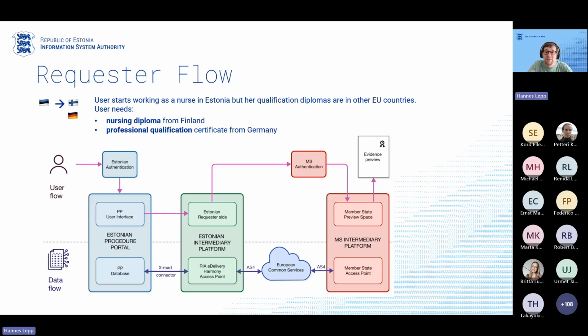So in Estonia, we are using the Harmony access point, which is provided by NIIS, and it's based on Domibus. There are also eIDAS nodes that are used for cross-border authentication. And for simplicity, they are not shown directly on this diagram.